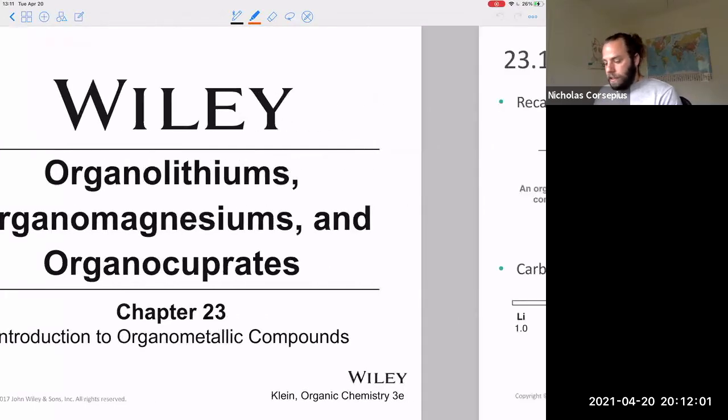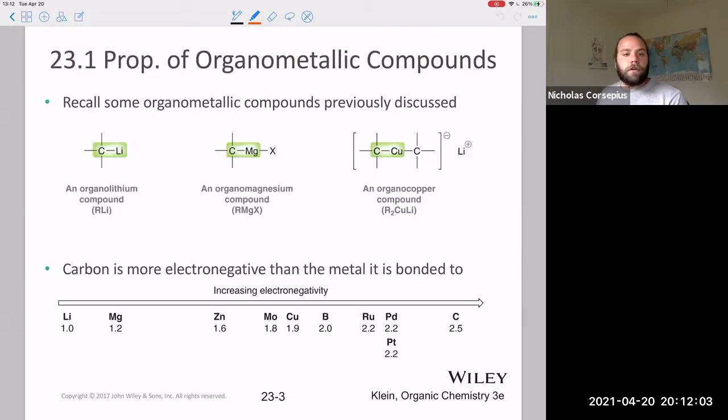So first of all, one of the things to remember when we're talking about organometallic compounds is that we're talking about carbon bound to some metal. And the reason why this is kind of a big deal is because these metals have really low electronegativity compared to the non-metals.